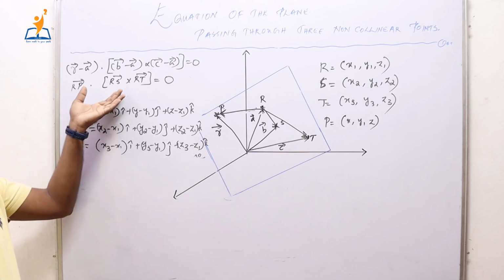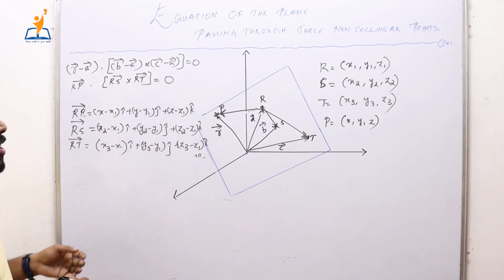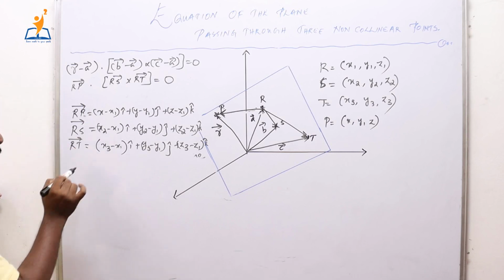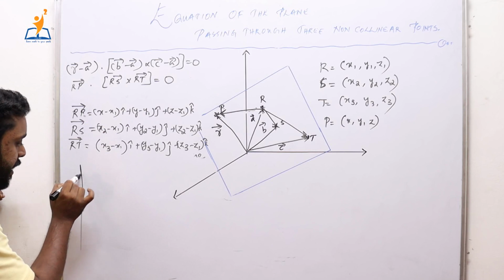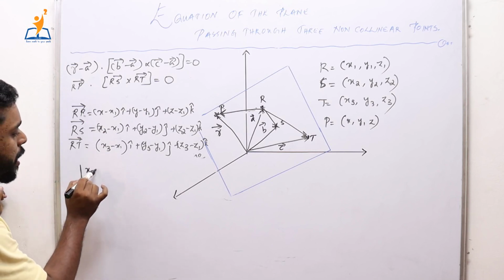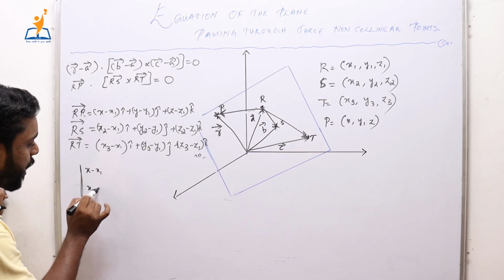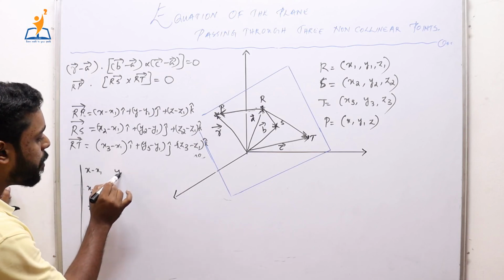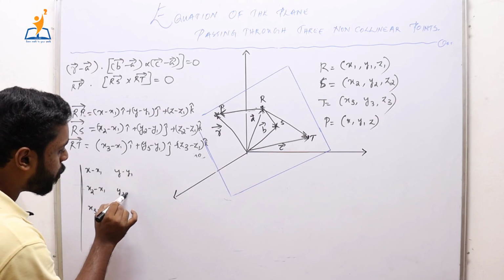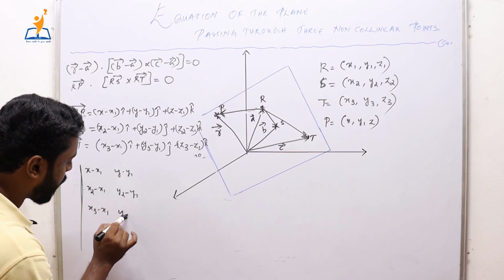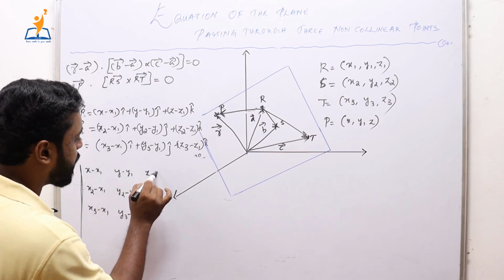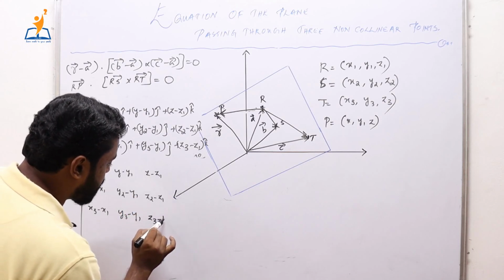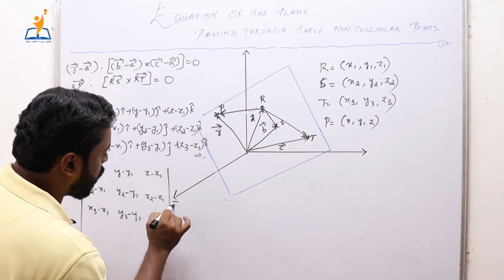Now we shall easily substitute those values in this equation to get the Cartesian equation, and after substitution we get the equation as the determinant: x minus x1, x2 minus x1, x3 minus x1; y minus y1, y2 minus y1, y3 minus y1; z minus z1, z2 minus z1, z3 minus z1, is equal to 0.